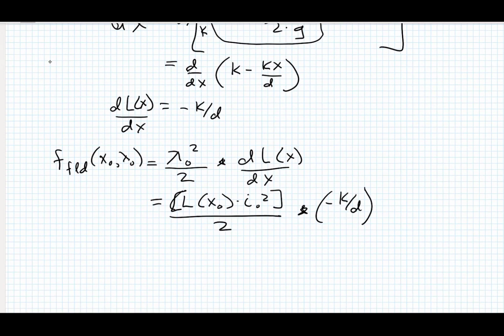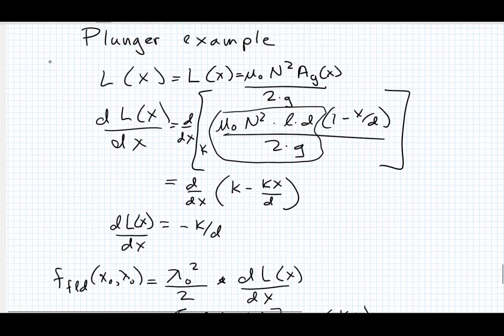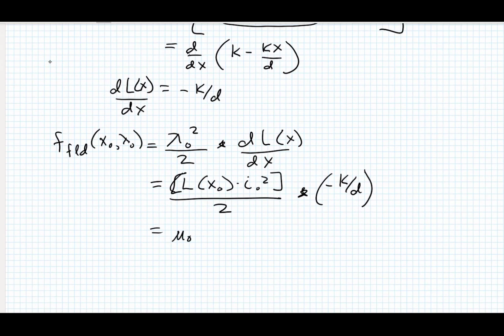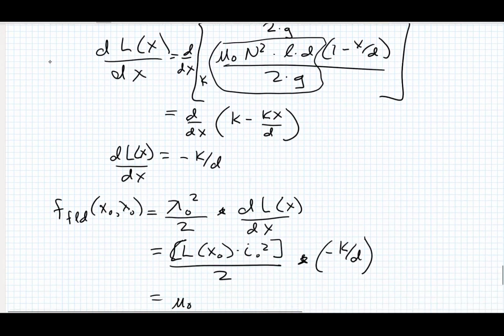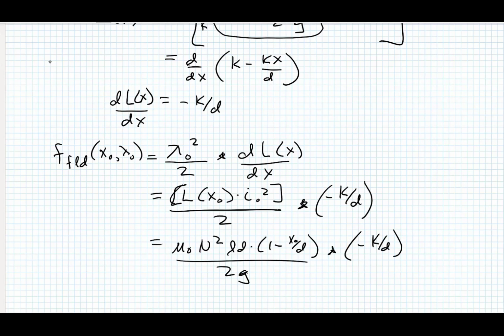All we would really need to do is plug in this function that we had for L. So that would have been mu naught n squared LD times 1 minus x over d, at some position, over 2g, times negative k over d. So there's our force.